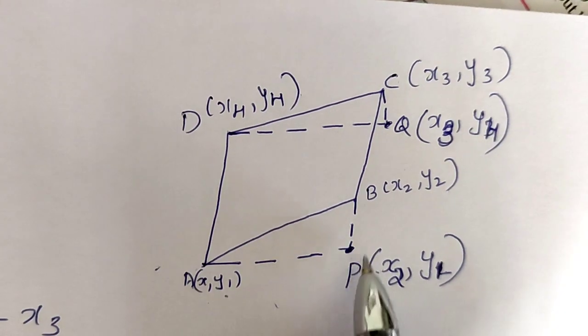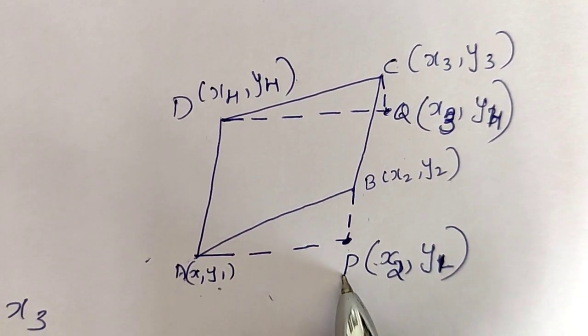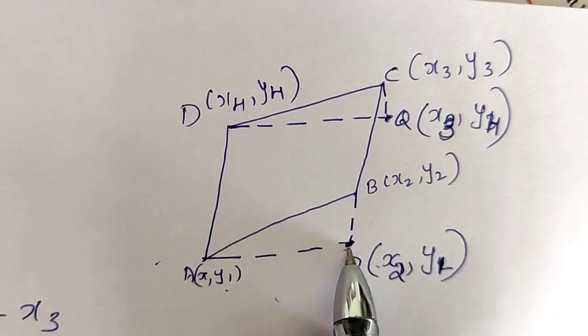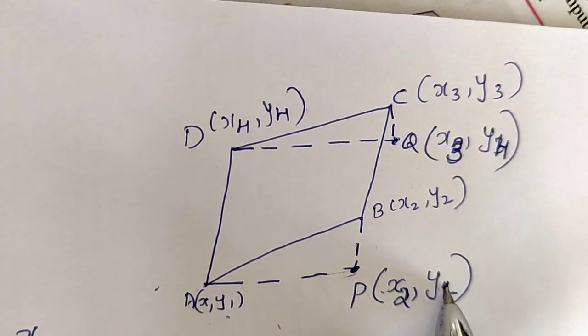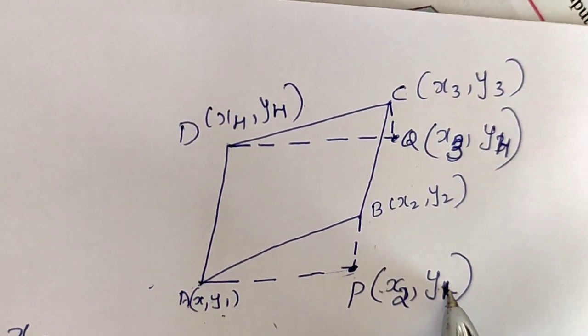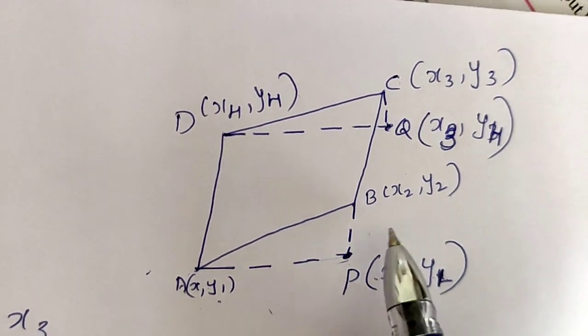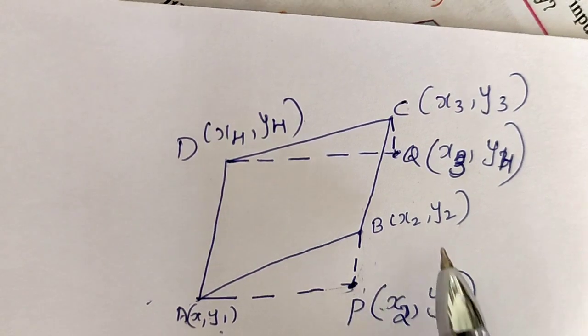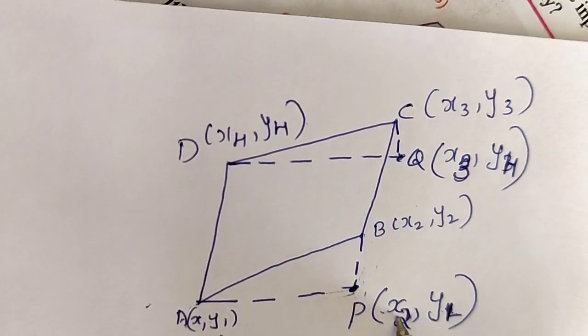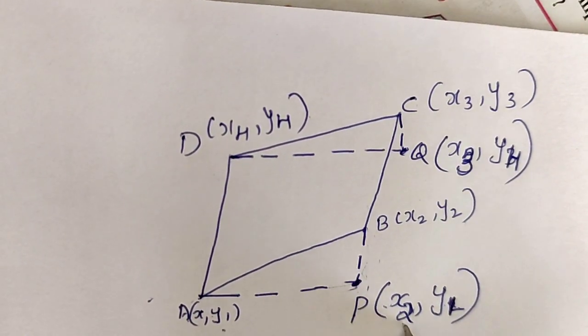Then what about the coordinates of this point P? See, this line is parallel to the x-axis, so its y coordinates are the same. So here the y coordinate is y1. Okay, then this line is parallel to the y-axis, so the x coordinates are the same. Therefore its x coordinate is equal to x2.